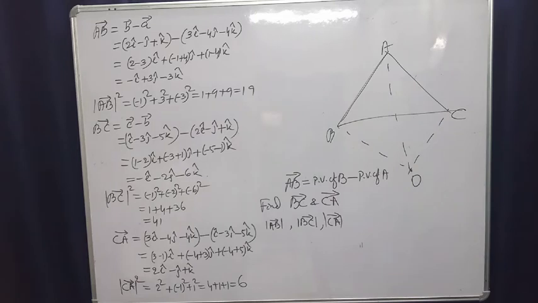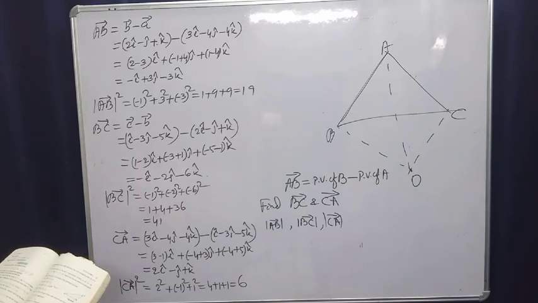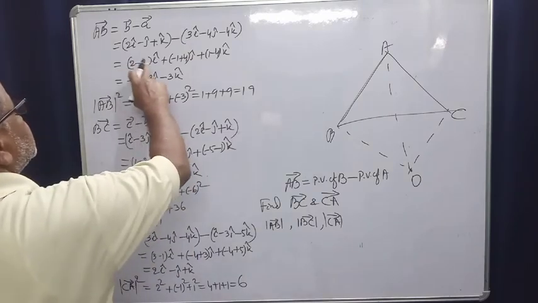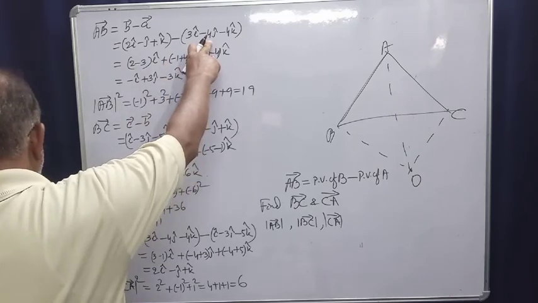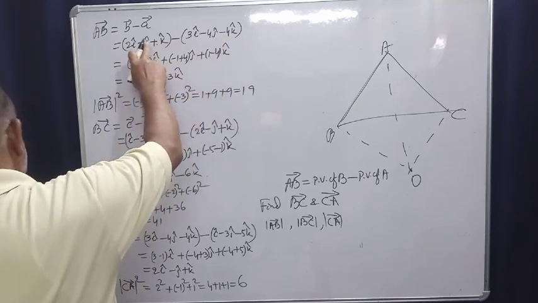You see, magnitude of AB square is 19, BC square is 41 and CA square is 6. So that the points A, B, C with position vectors respectively form the vertices of a triangle. A is 3i cap minus 4j cap minus 4k cap. B is 2i cap minus j cap plus k cap.